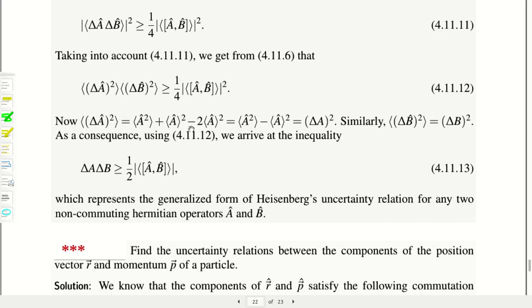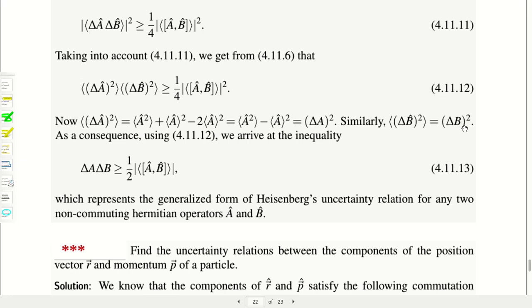Here see, they are equal, so A square minus A square. So at the beginning we have defined it as the uncertainty, that is delta A square. Similarly, delta B operator square expectation is nothing but the uncertainty of B, that is the squared value of that.